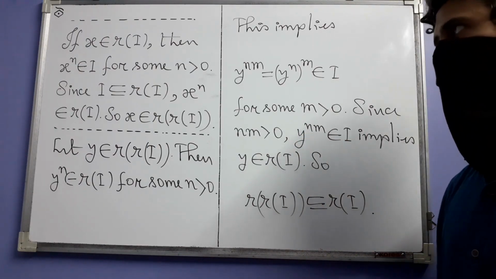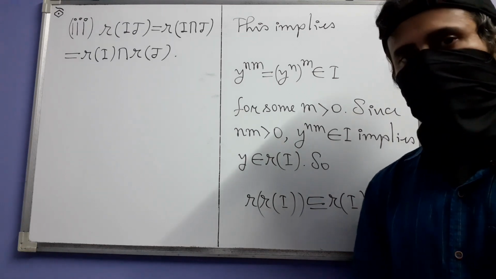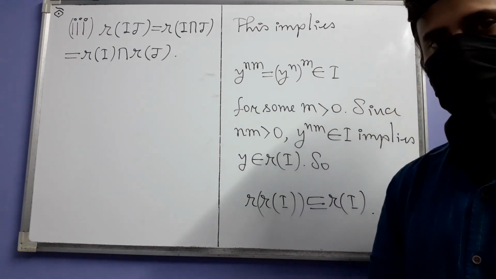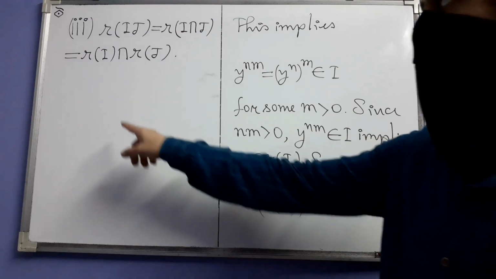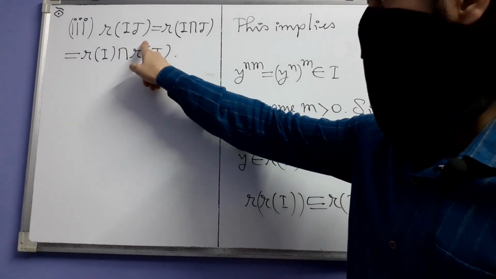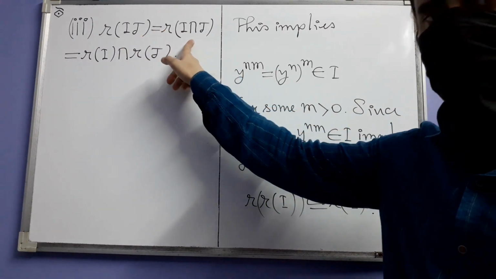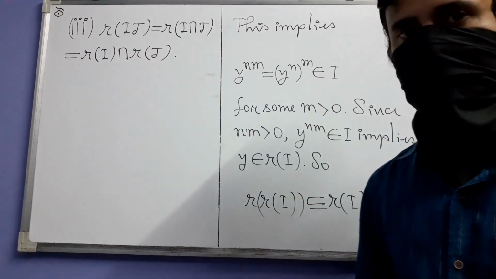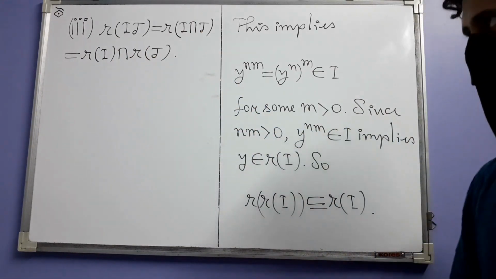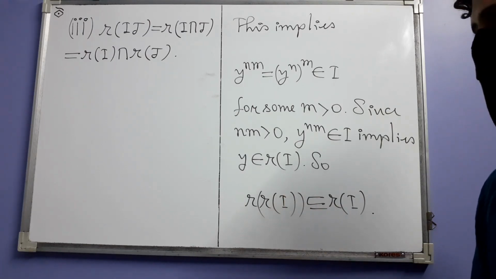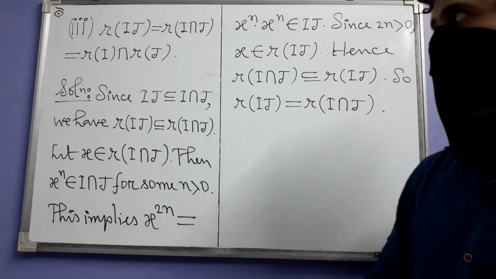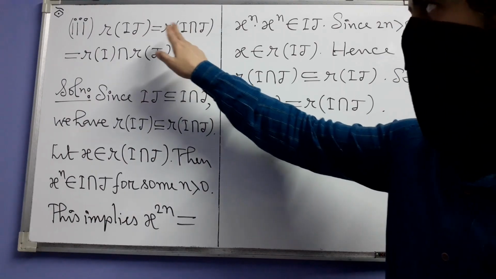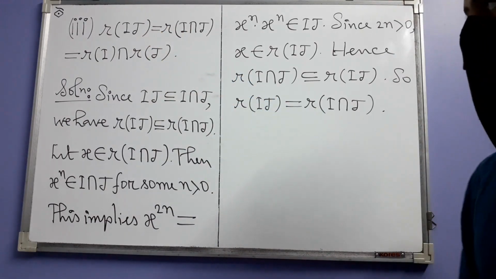Let us see another part. In this third one we have two ideals I and j, and the claim is that the radical of their product is equal to the radical of their intersection, and that is also equal to the intersection of their radicals. So let's solve this one. We start the solution first to prove that these two are equal.